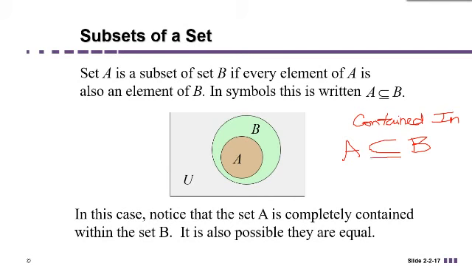We have the line underneath that to show that it's possible that the two sets are actually equal. So this is the symbol for a subset. Anything that's contained in or possibly equal to the other set is a subset. So A is a subset of B is written in this way.